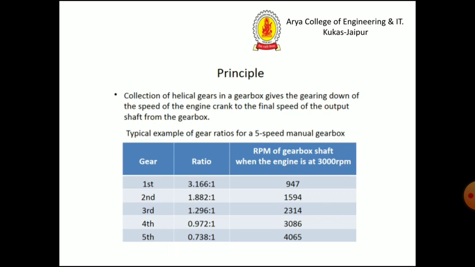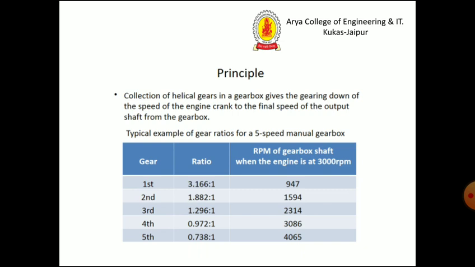a typical example of gear ratios of a 5-speed manual gearbox. In first gear, there is a gear ratio of 3.166 to 1, and the RPM of the gear shaft is 947. In second gear, the ratio is 1.882 to 1.